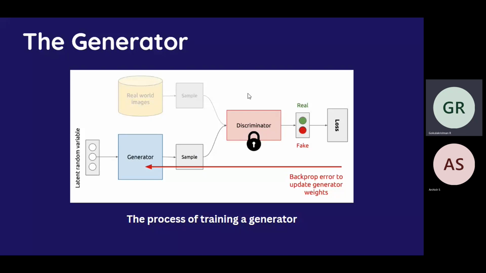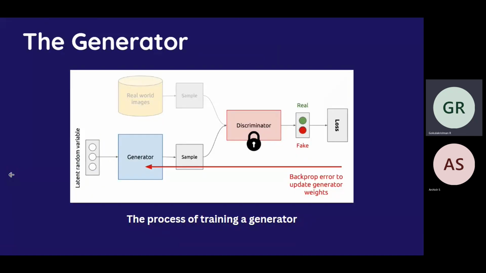Another important point is that while training the generator, we don't touch the parameters of the discriminator. You find the gradients of the loss with respect to the parameters of the generator, and then update the generator alone. You don't update the discriminator.